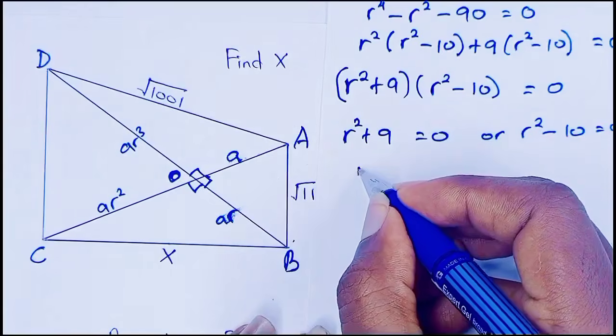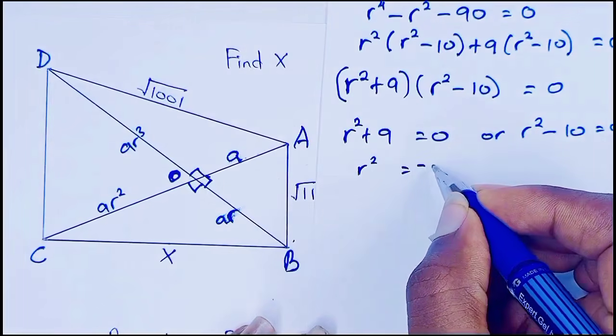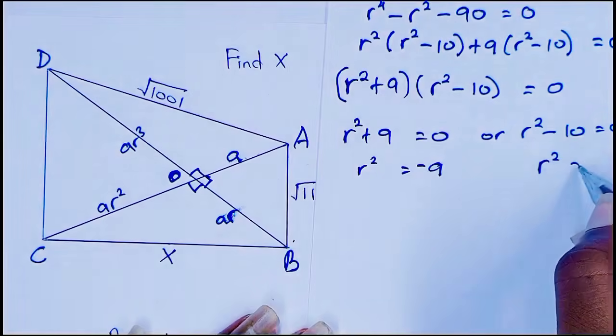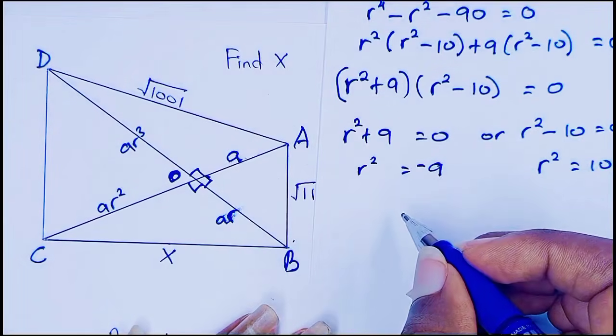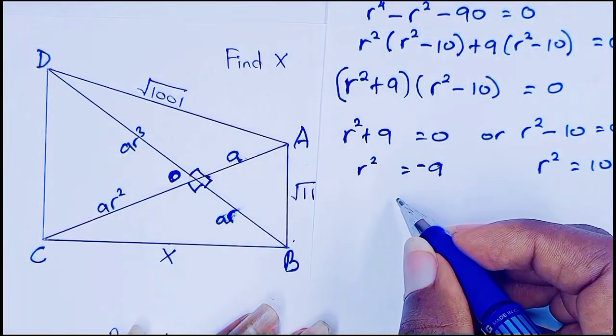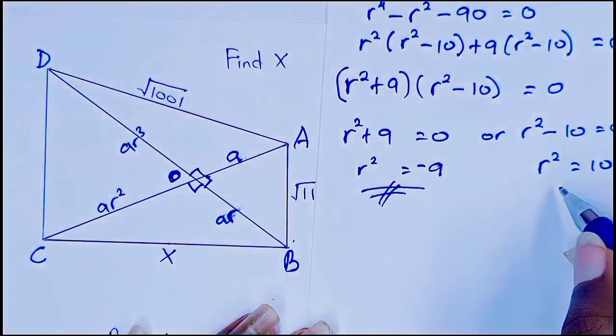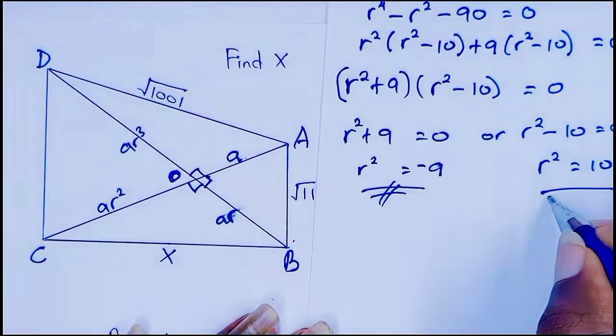For this case, R squared is equal to negative 9, and this side R squared is equal to 10. But since R squared cannot be negative, we rule out this. So we go with R squared being equal to 10.